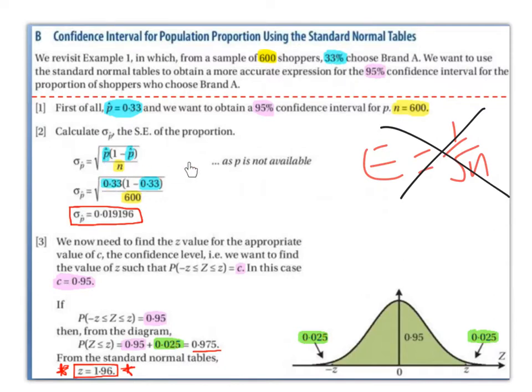So we have the square root of 0.33, which is p hat, times 1 minus 0.33 divided by 600, which is our n, the number of our sample. And into the calculator, we get the standard error of the proportion to be 0.019196.